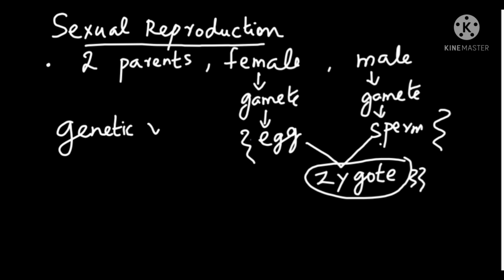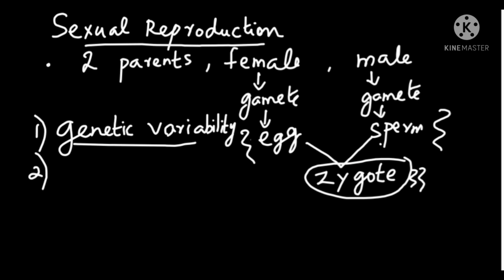This kind of variability you cannot see in asexual reproduction. So in sexual reproduction, the organism shows genetic variability, and they also might look different. Like the zygote will grow up to a baby who might look different from their parents, and that baby might look different from their sister or brother.